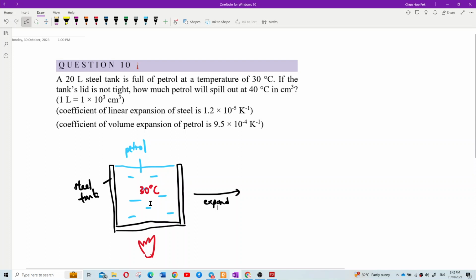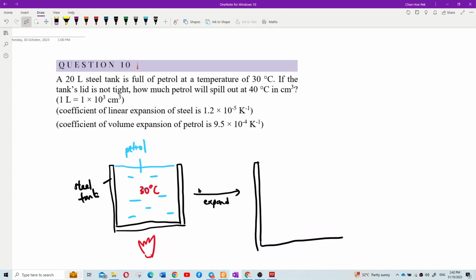Petrol at 30 degrees Celsius, the tank is already full with petrol. If the petrol expands faster than the steel tank, surely the petrol will spill out. So you heat up everything, steel tank and petrol included, so the tank becomes a bigger container. Surely it becomes a bigger container.